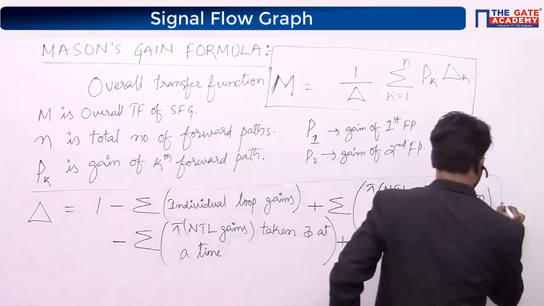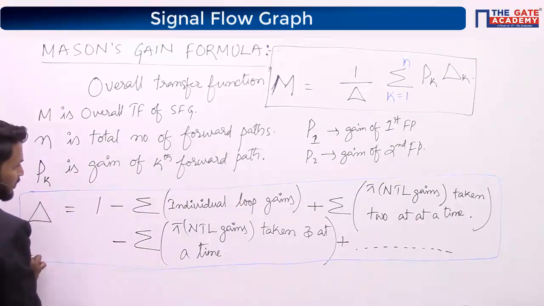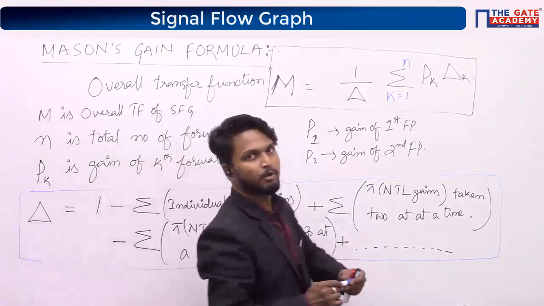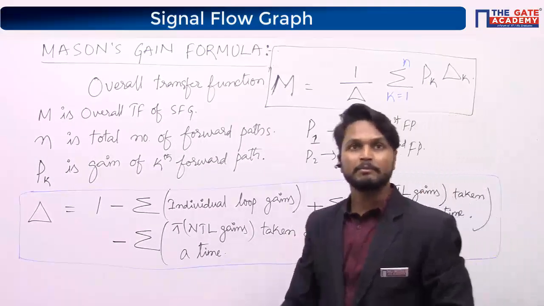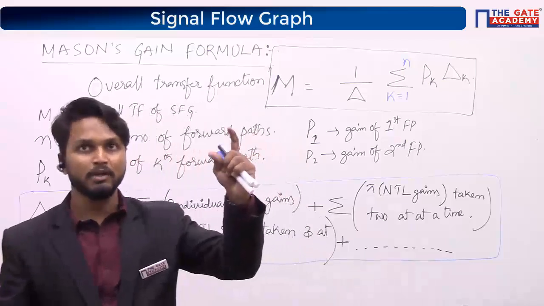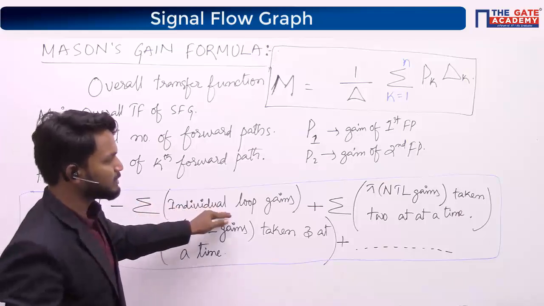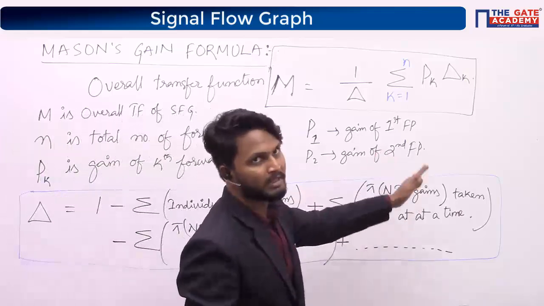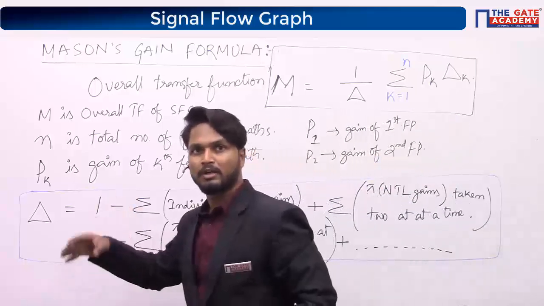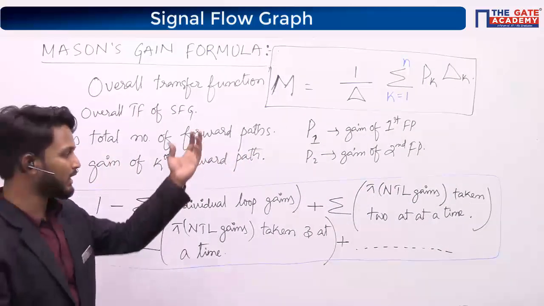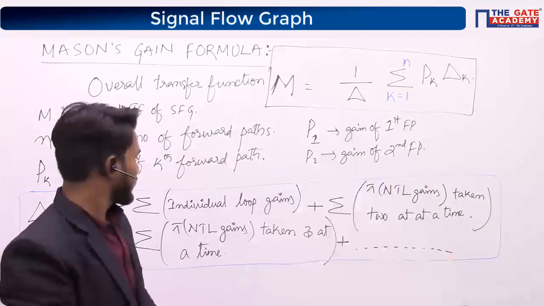Delta might look a little difficult to calculate, but it is very easy. You can just look at the diagram of any signal flow graph and easily calculate the value of delta anytime. So is delta clear to everyone? Delta is 1 minus summation of individual loop gains, plus summation of product of non-touching loop gains taken 2 at a time, minus summation of product of non-touching loop gains taken 3 at a time, and so on, right?